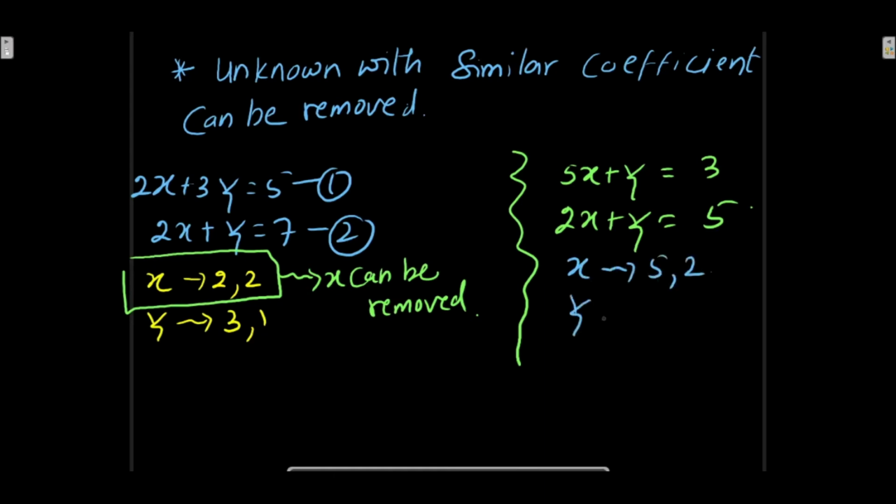What are the y coefficients? 1, 1. If there is no value, that means 1. Then which one is the similar coefficient? y is the similar coefficient. Then y can be removed. You can remove y.